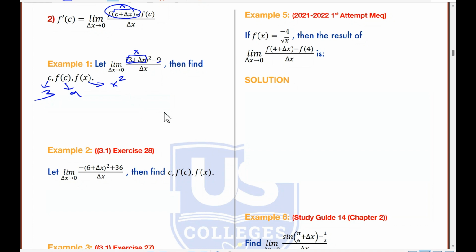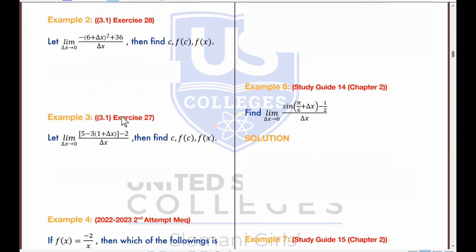All right, next one, exercise question. Let's identify c. C is the one that's added to delta x, which is 6. It has nothing to do with the minus in front. We look at the inside of the bracket. F of c is the one that's subtracted at the top. So minus 36 is subtracted.